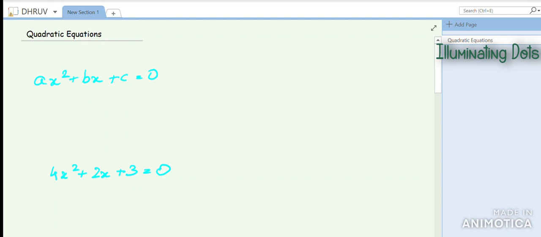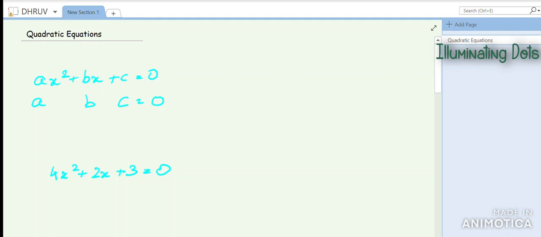Here, a is the coefficient of x square, b is the coefficient of x, and c is the constant, and is equals to 0 because this is an equation and not a polynomial, so that is why is equals to 0.